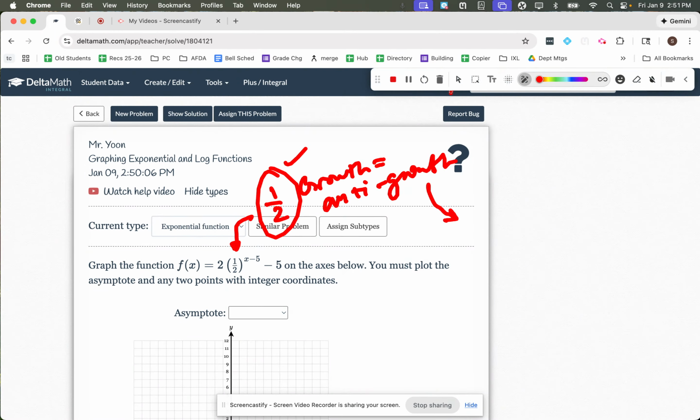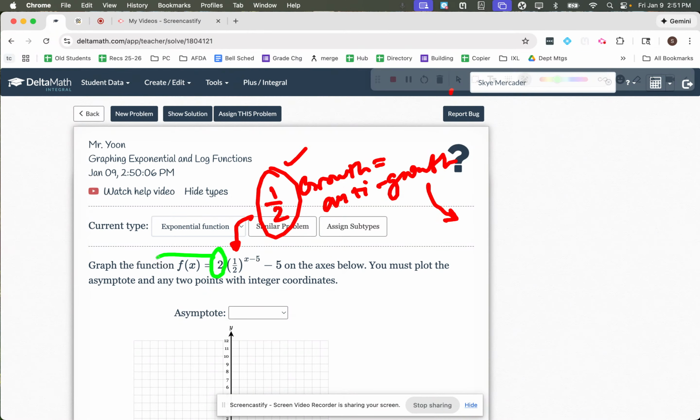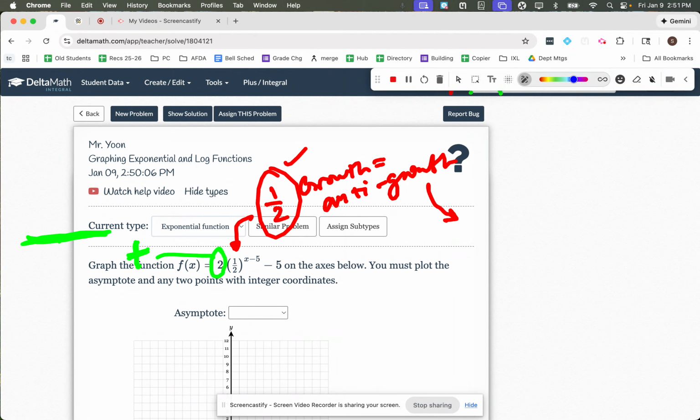And the one other check to make sure you have your intuition right is this. As long as this is positive, it's not in upside down land. Okay? So the graph is going to go down, and another way to know this is that it's going to be above the asymptote.